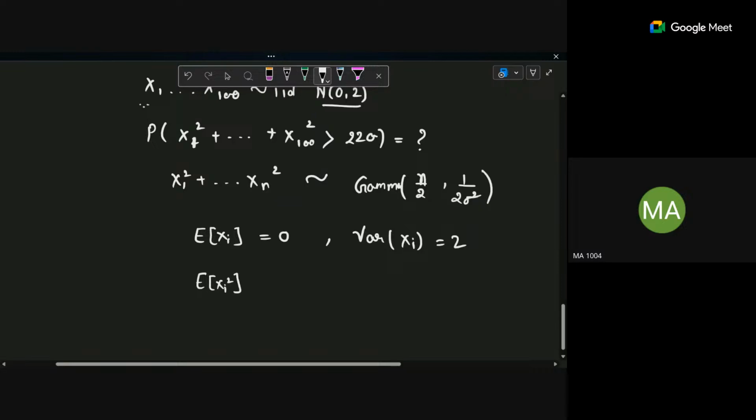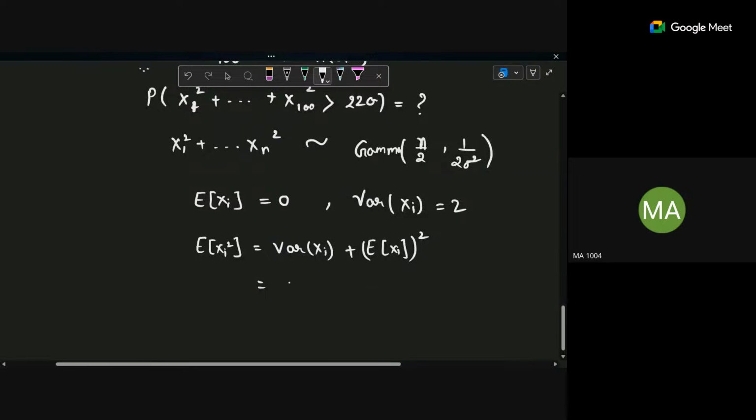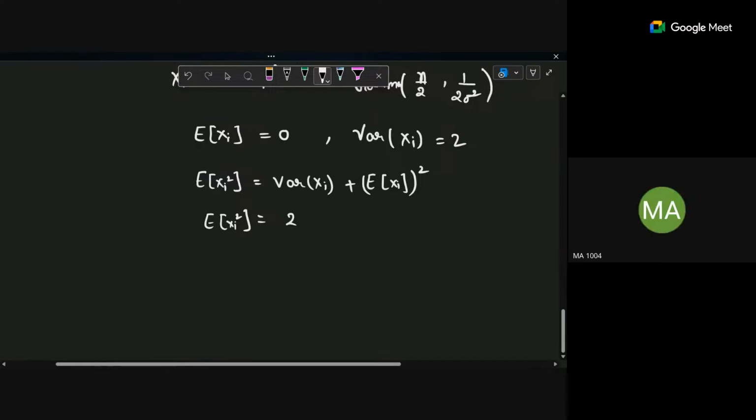It is the variance of xi plus the square of the expectation of xi, so it will be 2 plus 0, which is 2. Then multiply with 100.